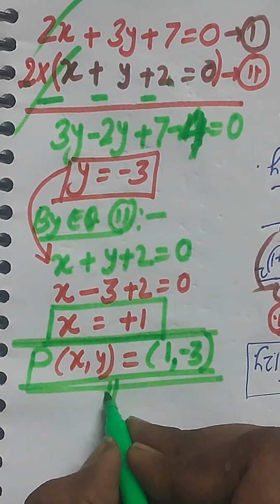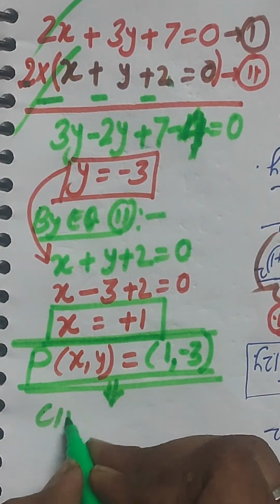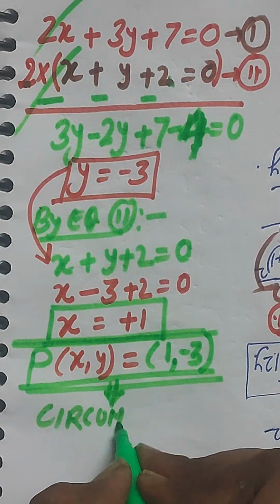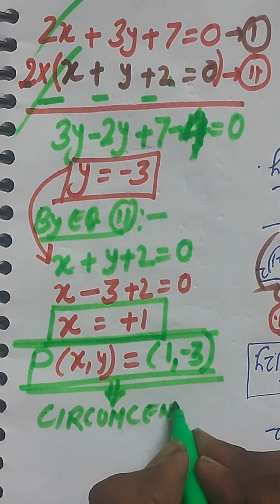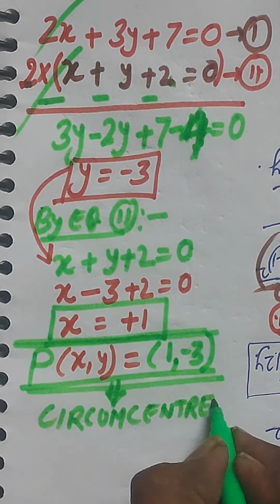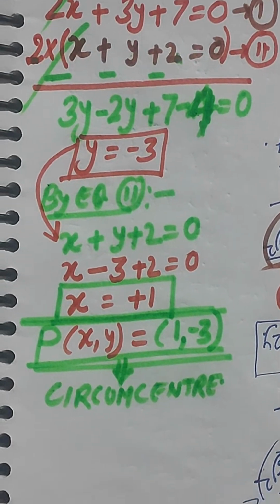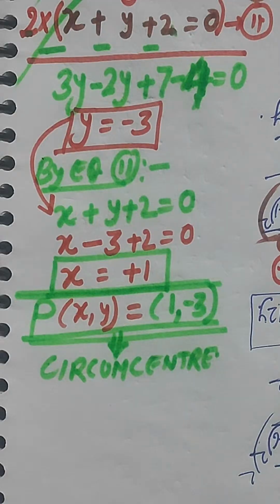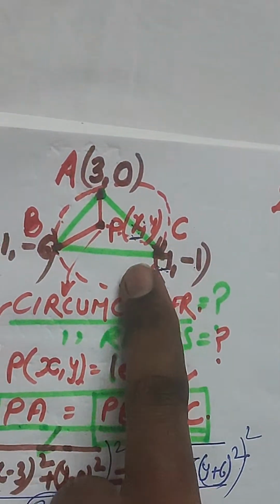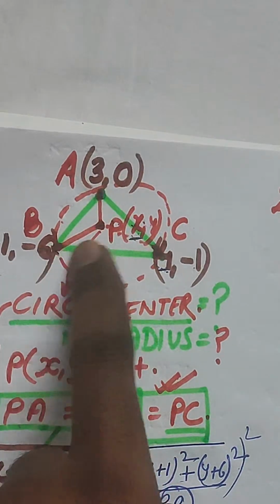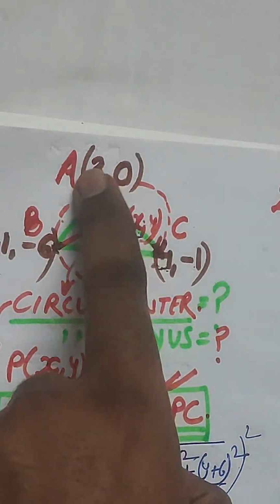Now we need to find the circumradius also. This is circumcenter coordinates. Now let us see what is the circumradius. You know students, in the circumradius you can see PA will be equal to PB equal to PC, right?